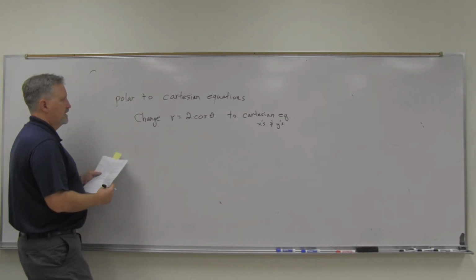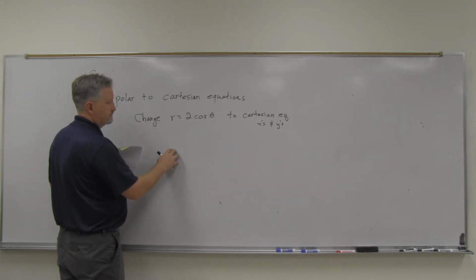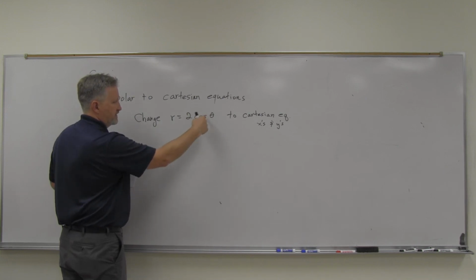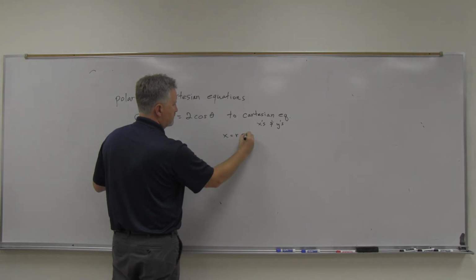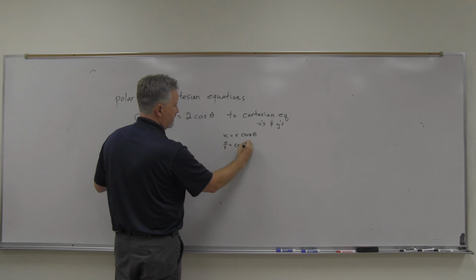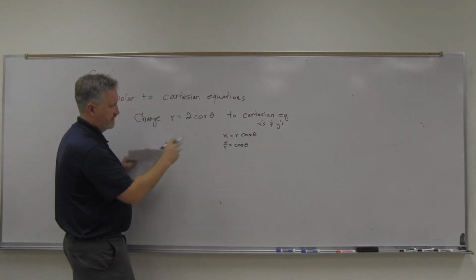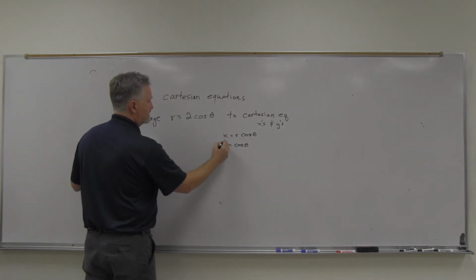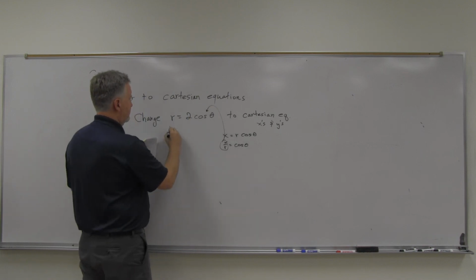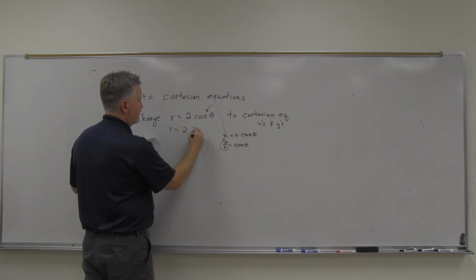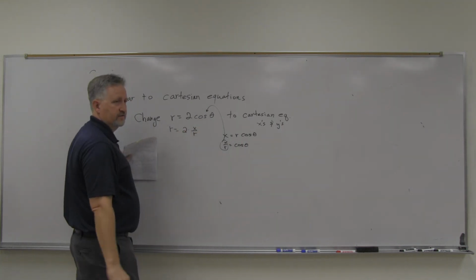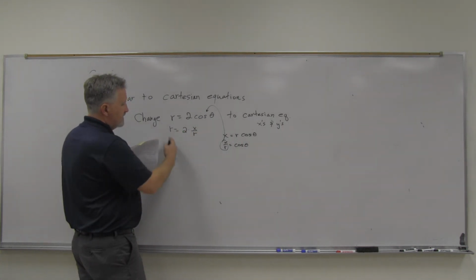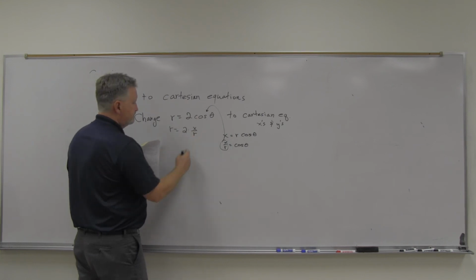On this one in particular, focusing on the cosine, we know that x equals r cosine theta, and so x over r would be cosine theta. I can substitute that for cosine theta and get r equals 2x over r, right? Because cosine theta is x over r. That still has r in it, but I got rid of the theta.